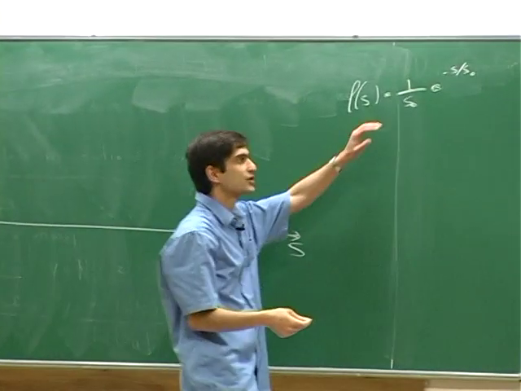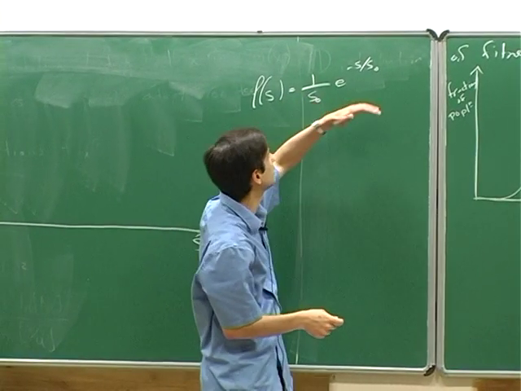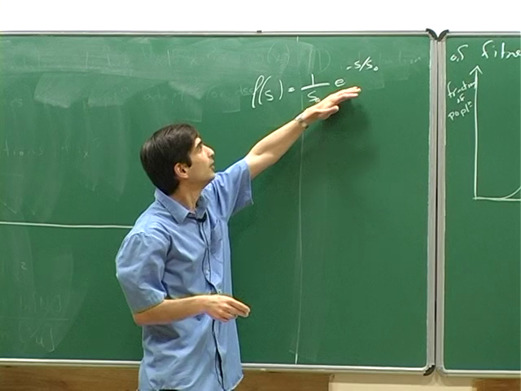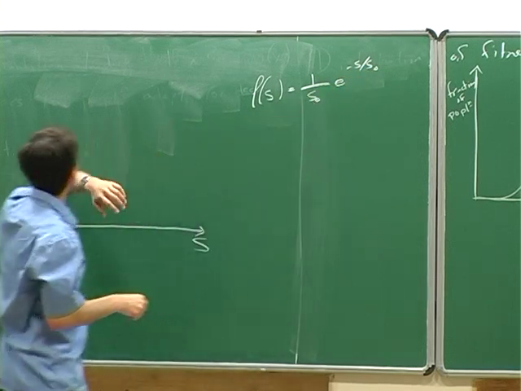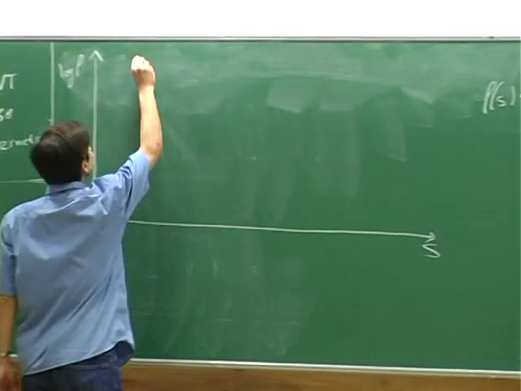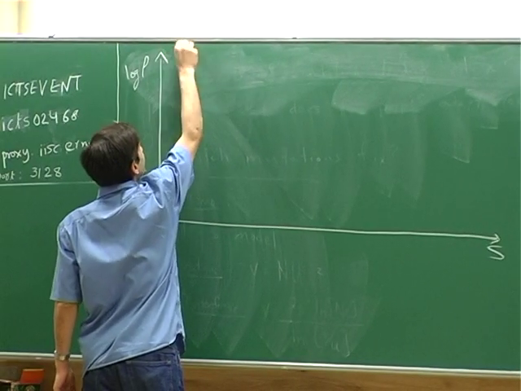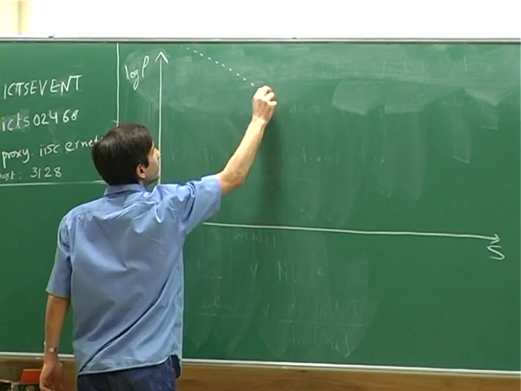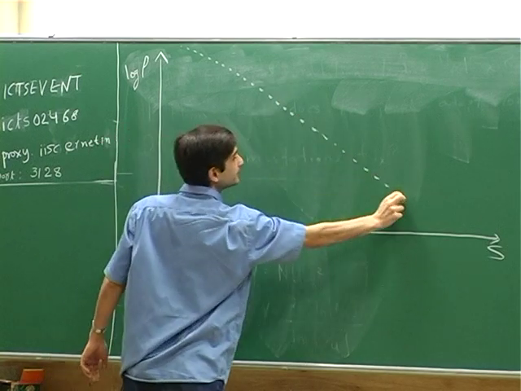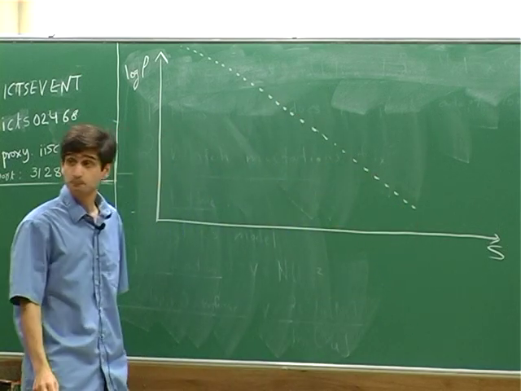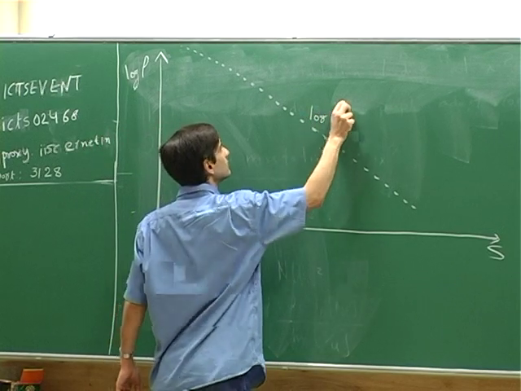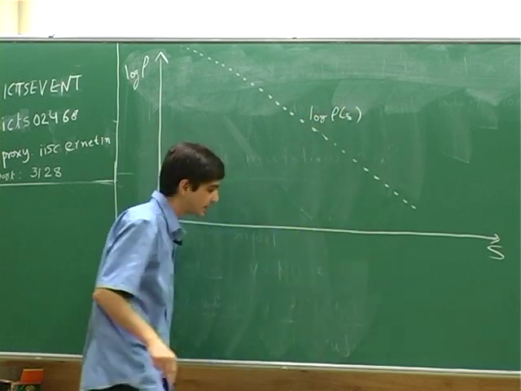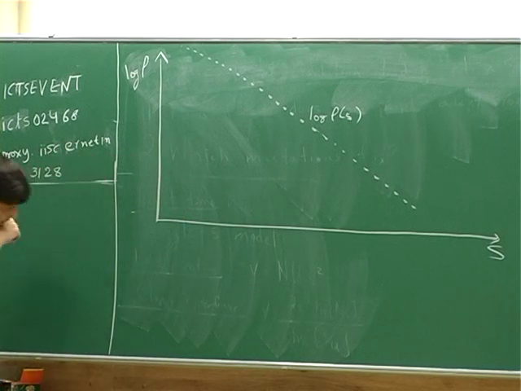I'm imagining no deleterious mutations for the minute. I'll talk about them in just a sec. We have this minus S over S0, so it's an exponential. On this scale, I'm going to draw a log scale. This is the DFE. Large effect mutations are rare compared to small effect mutations.